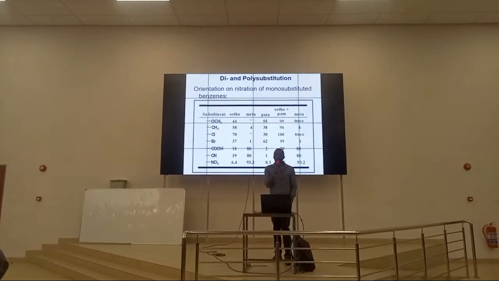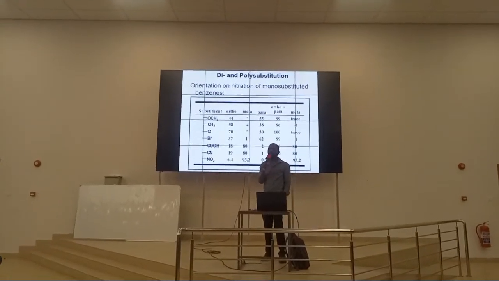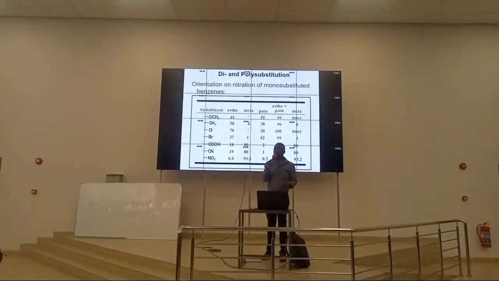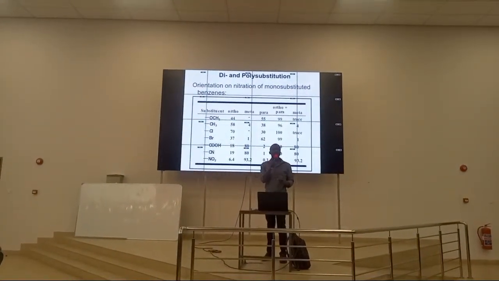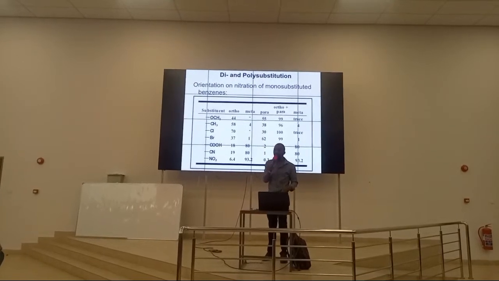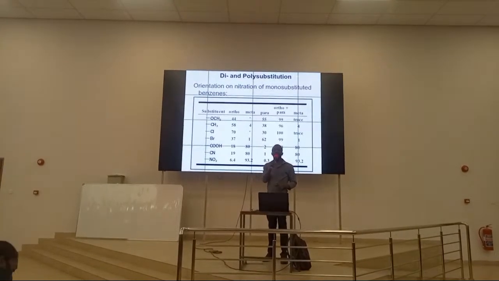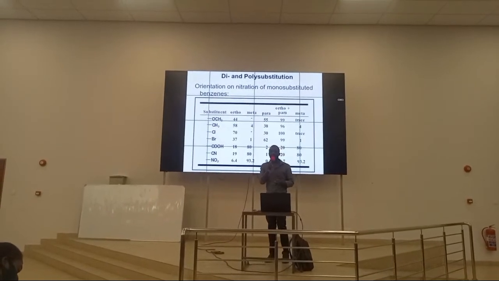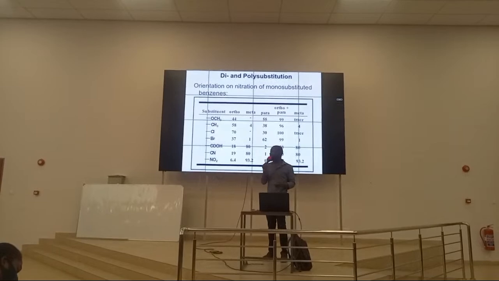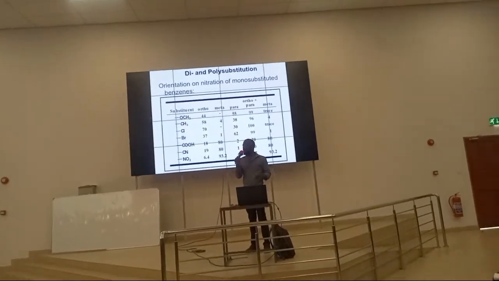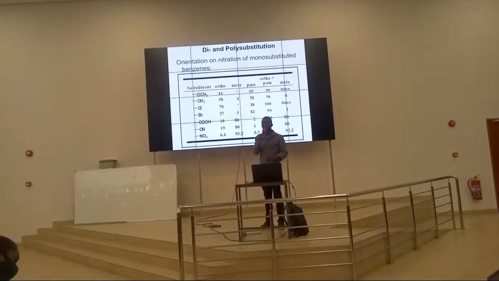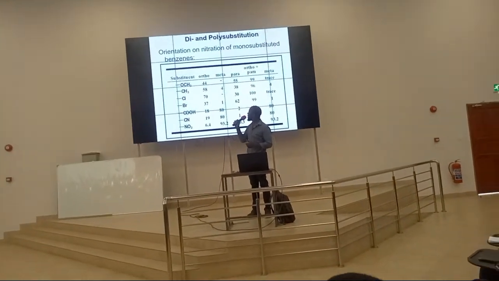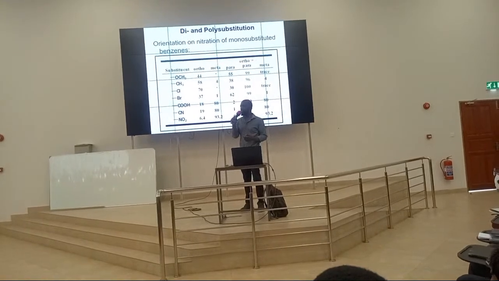We know that oxygen is electron withdrawing, but because it has a lone pair of electrons, when it is directly bonded to a benzene ring, it can also donate electrons via resonance effect. And the resonance effect tends to outweigh the inductive effect. So because of that, the methoxy is overall electron donating, or it makes the benzene ring electron rich.